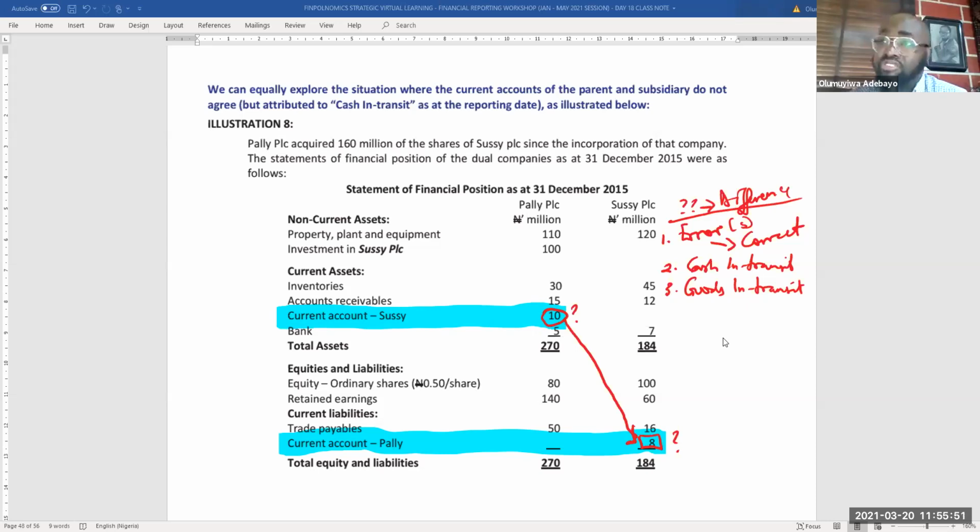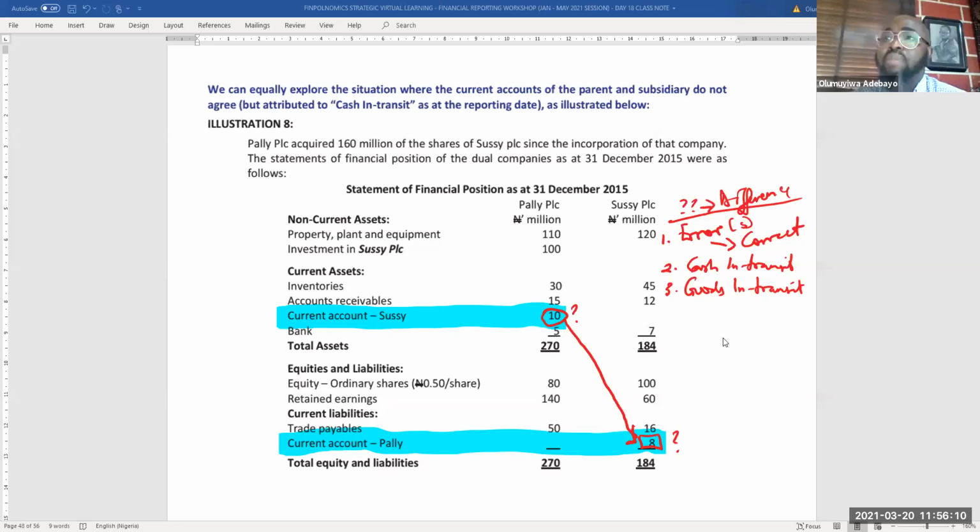Cash is cash at that point in time. Therefore, it will look as if your balances are not in agreement, but they are only not in agreement at that moment, not subsequently.